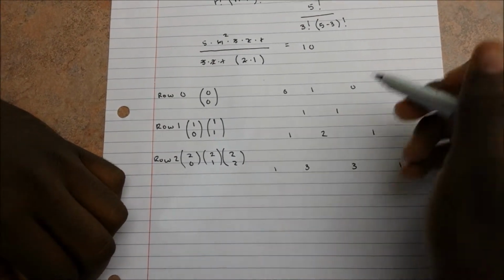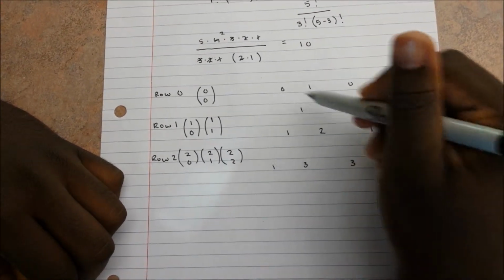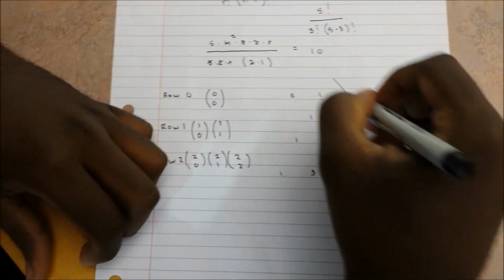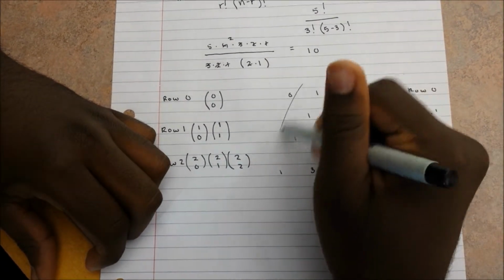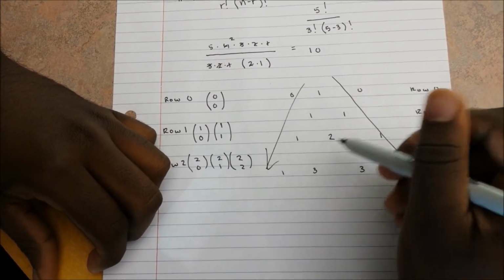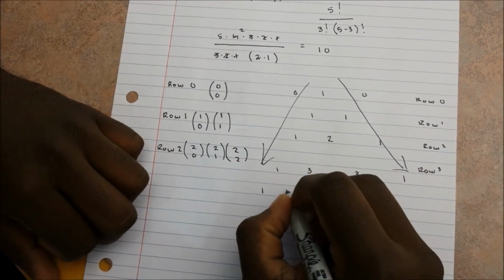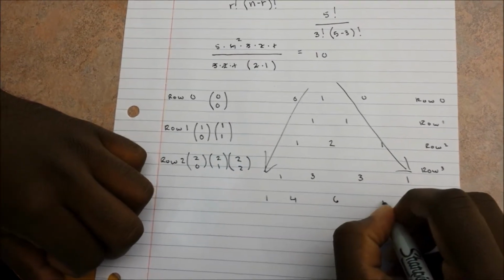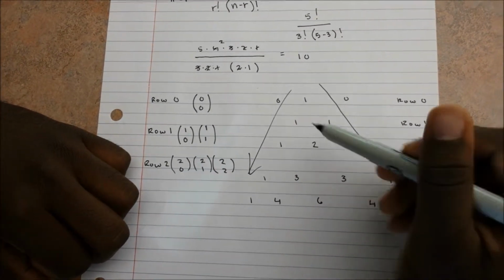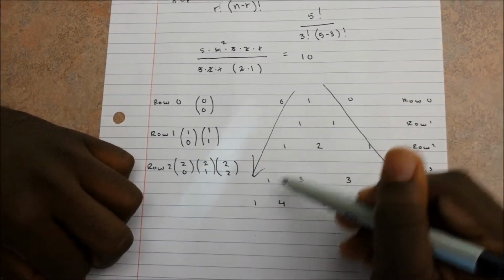So the common pattern here is the sides of the triangle, going down this way and this way. This is always 1. This is always 1, 2, 3. If we continue over, 1, 4, 6, 4, and 1. So as you can see, there's an ongoing pattern.